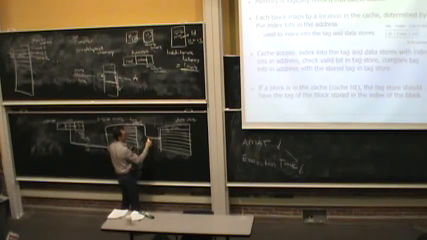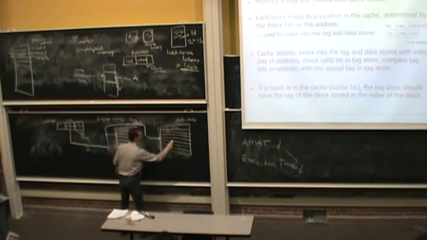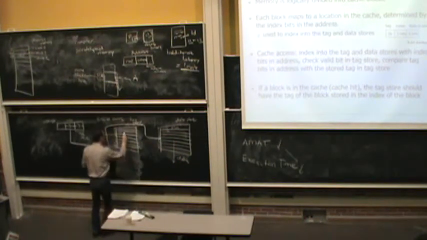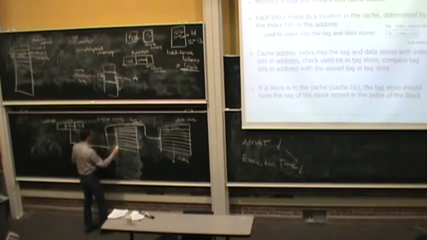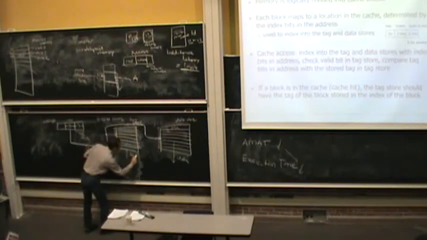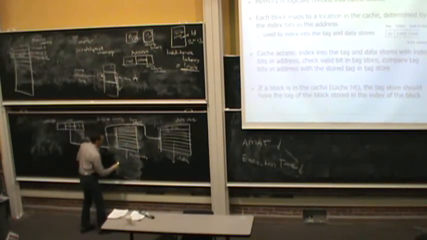What does this indexing mean? You decode the address and get the data out. Let's assume that your row is 8 bytes. So once you index, you get the data out, and you also get a tag store entry out. This is the tag store entry. The tag store entry contains two things, really.